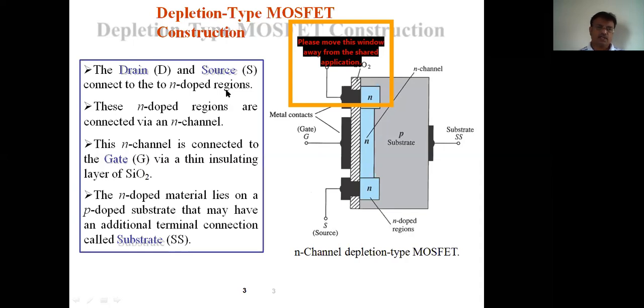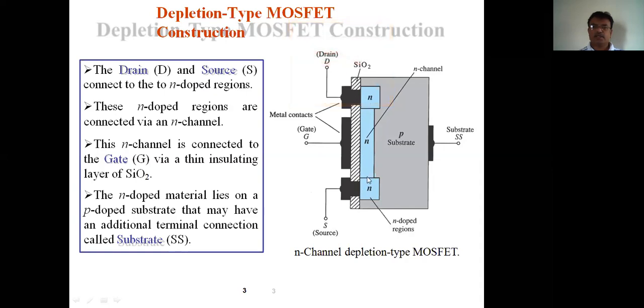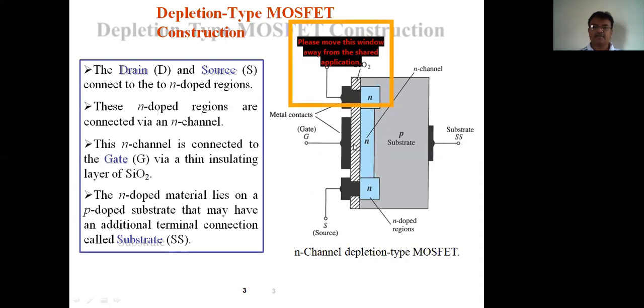Let us go through the theory part. The drain and the source connect to N-type doped regions. These N-doped regions are connected via the N-channel. This N-channel is connected to the gate via a thin insulating layer of silicon dioxide.